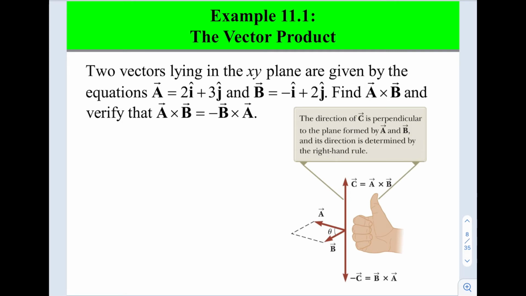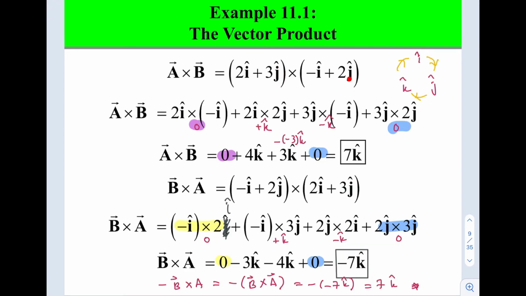Alright, now let's take a look at example 11.1, the vector product. Two vectors lying in the xy plane are given by the equation: A equivalent to 2i plus 3j and B equivalent to negative i plus 2j. Find A cross B and verify that A cross B equals negative B cross A. Let's take a look at A cross B. So this is our A and here is our B. Cross means similar to multiply, isn't it?